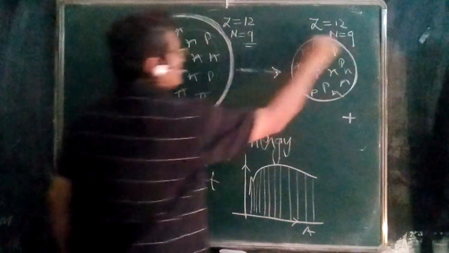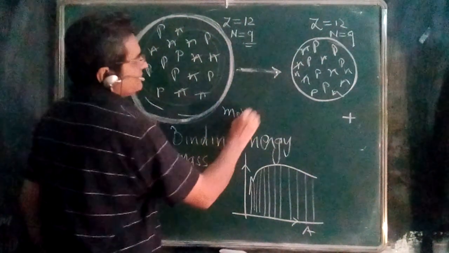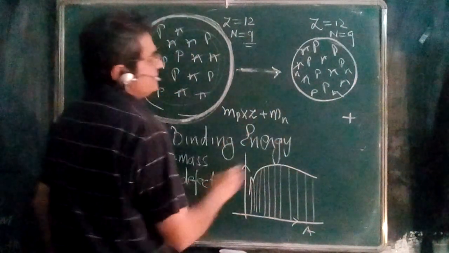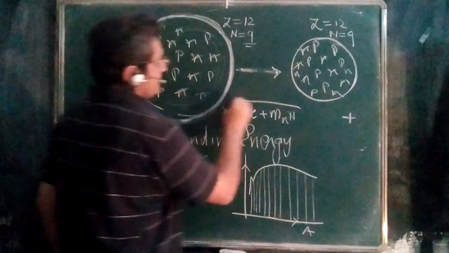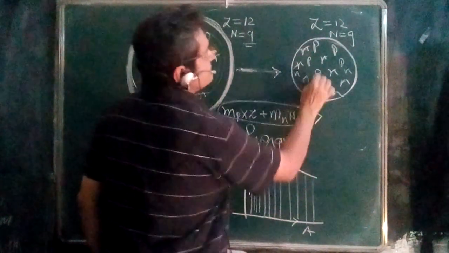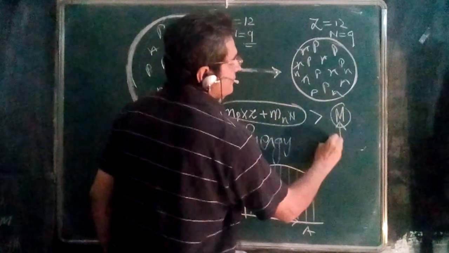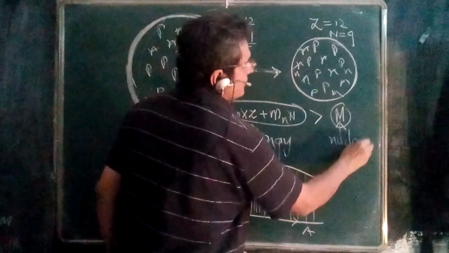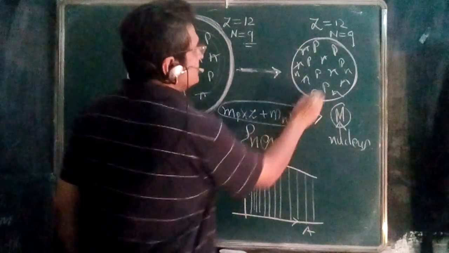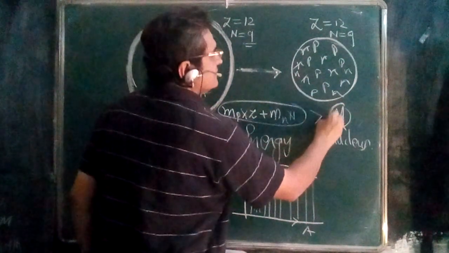The interesting thing is that if you find the mass of proton times the number of protons plus the mass of neutron times the number of neutrons, you will find that this mass is greater than the mass of the nucleus formed with these many protons and these many neutrons. They are the same particles, but the mass here is less.